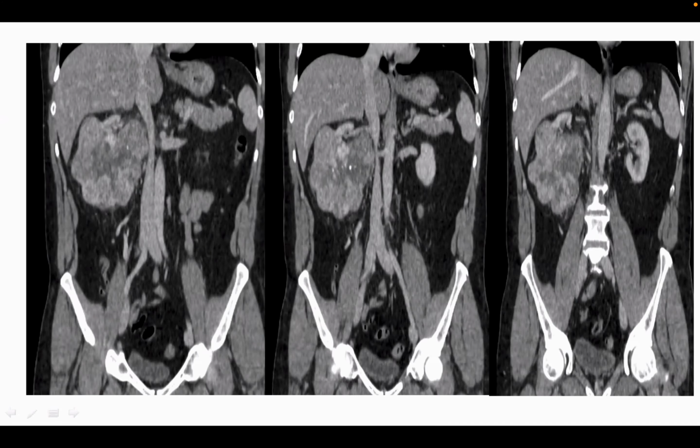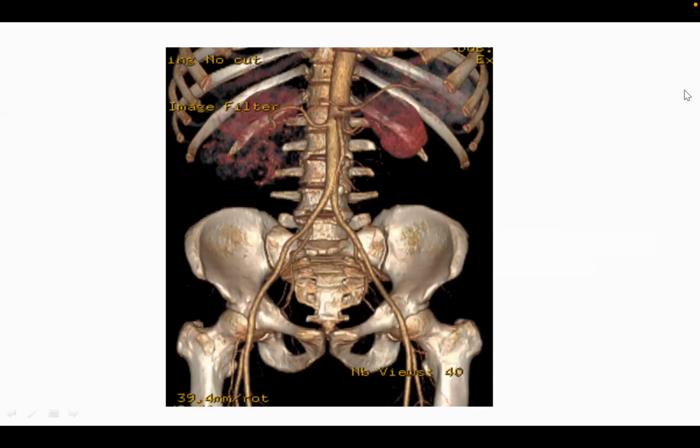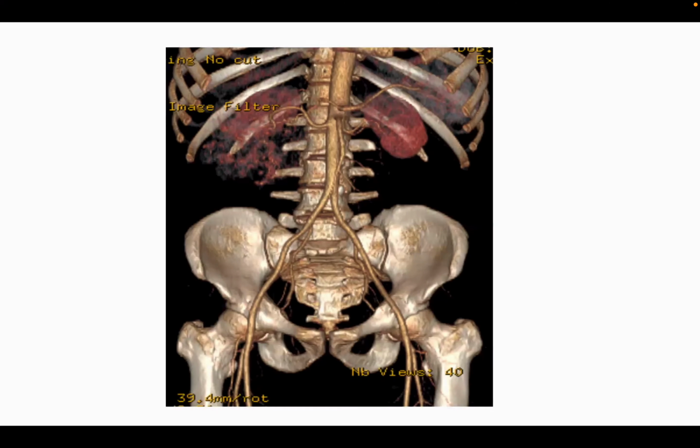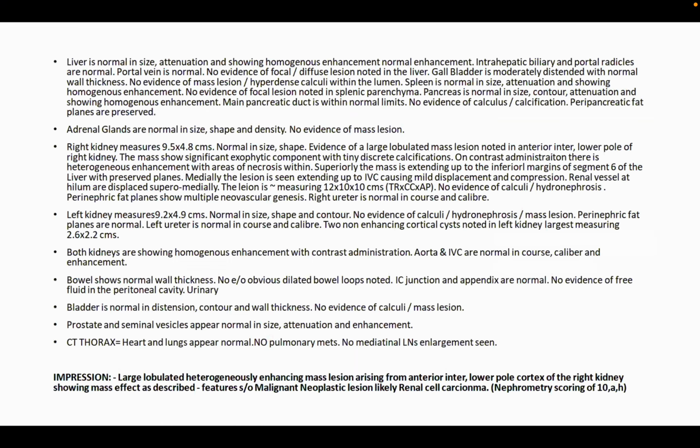So, has this patient been operated? Yes, sir. Patient underwent right radical nephrectomy, sir. HP report awaited, sir. Last week we did a radical nephrectomy. So, what are the intraoperative findings?